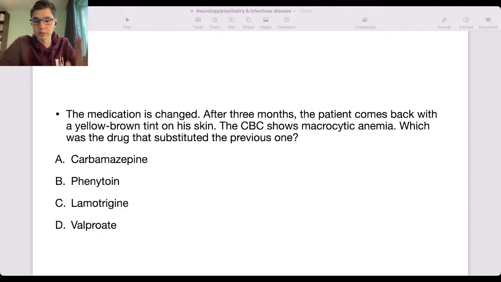Hi, Dr. 1. We are pleased to see you. You say lamotrigine for the first question. Okay. What do Dr. 1 and Lucas think about the second step in treating this patient?